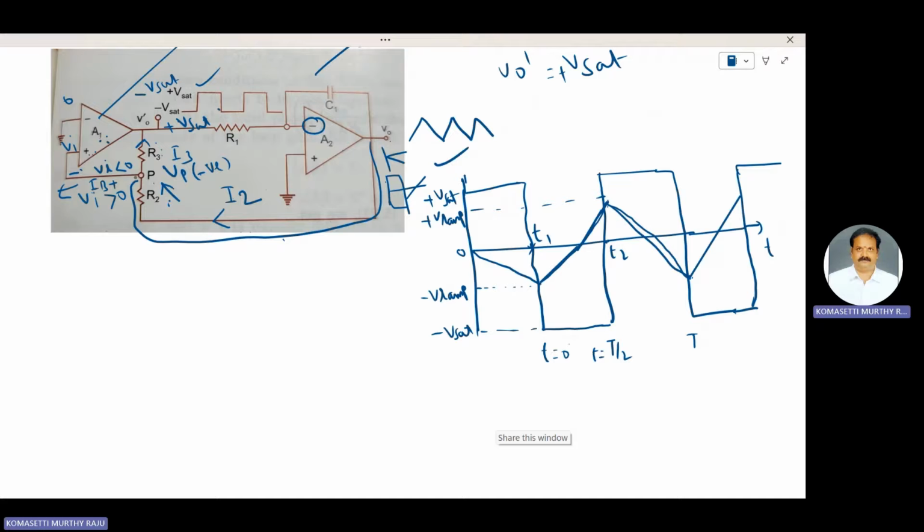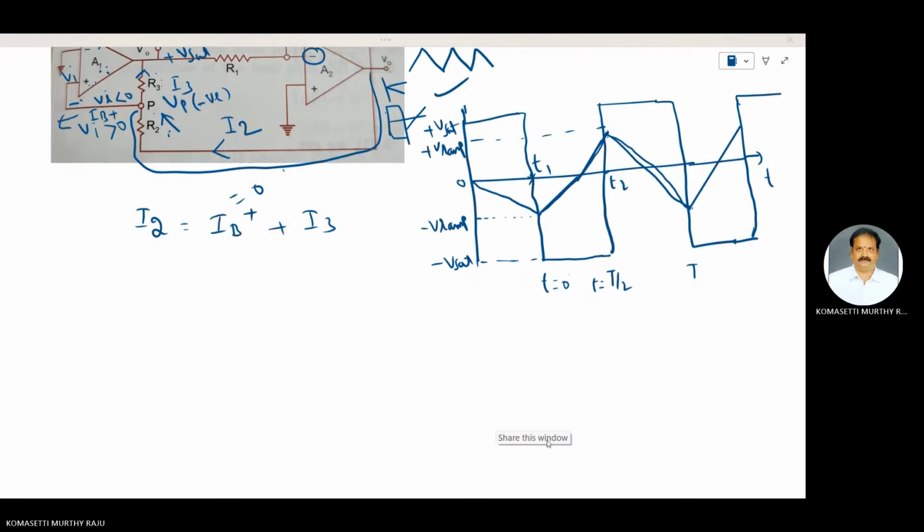Apply KCL at this node. IB plus is 0, we know that. Therefore, I2 is equal to I3.